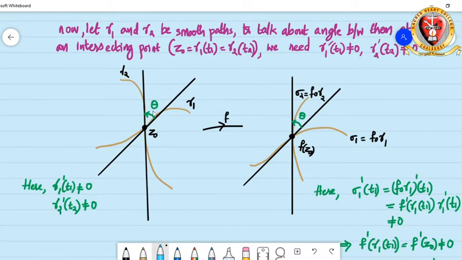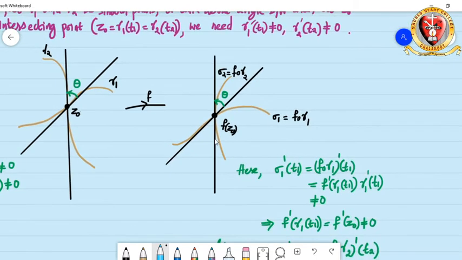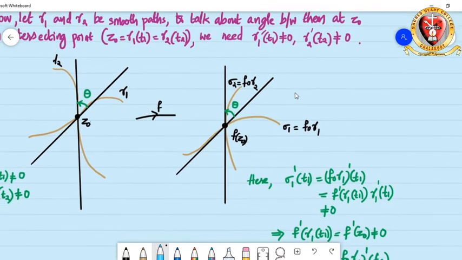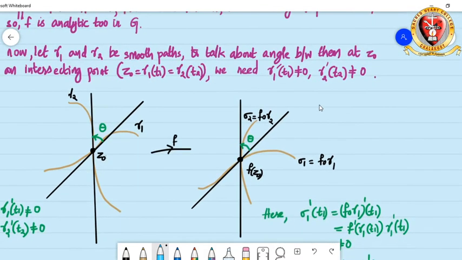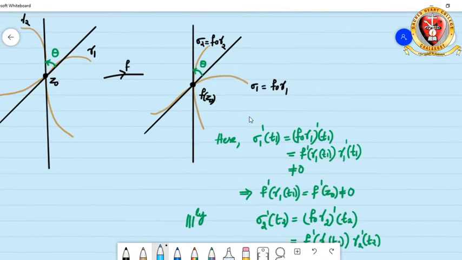Here we have the angle theta, that means if we are able to calculate the angle theta, we are able to think about the tangent lines, that means gamma 1 dash of t1 not equal to 0 as well as gamma 2 dash of t2 not equal to 0. And we know that it is angle preserving because we assume that the function is conformal, so this will also be theta.